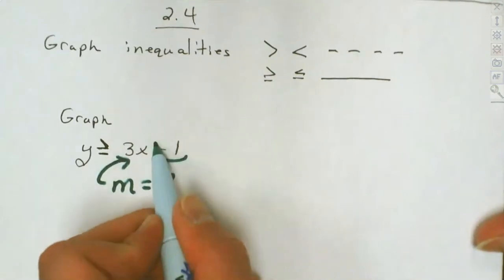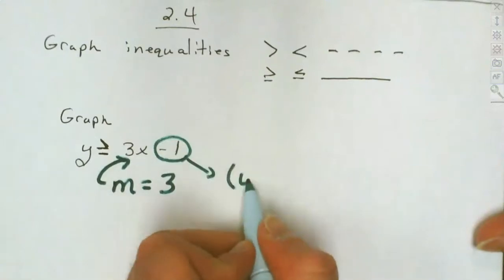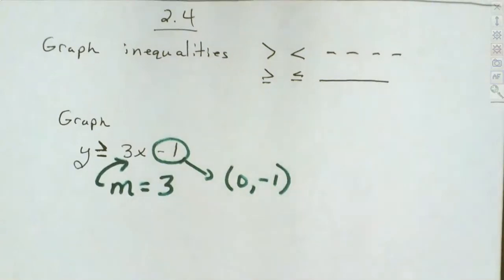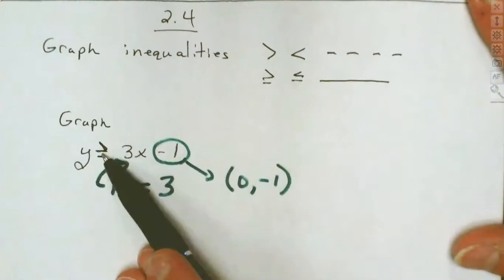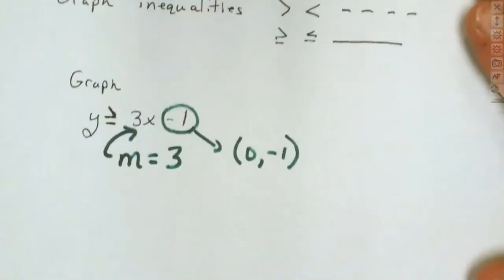And what does this represent? Well, that represents your y-intercept, and that's that point 0, negative 1. Now we have everything that we need to graph it. This, by the way, is a greater than or equal to, so we're going to have to use a solid line.